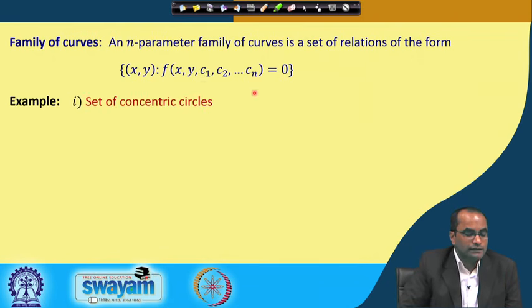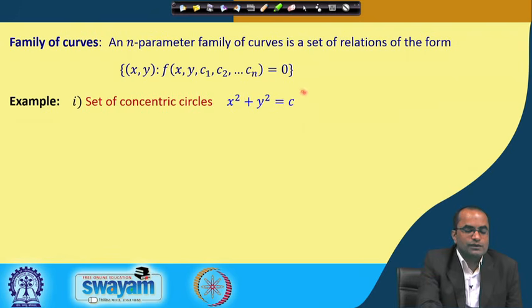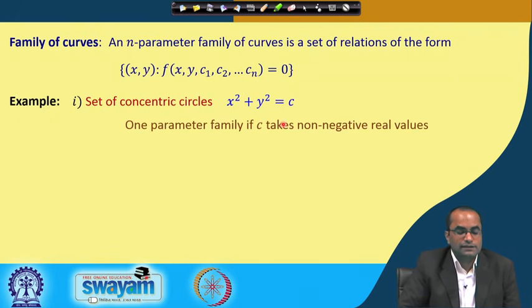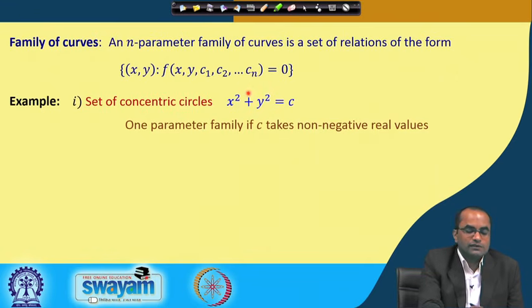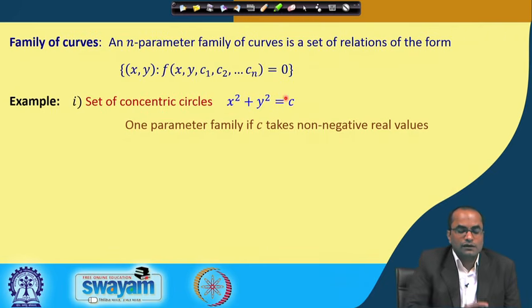For different values of these c's we have a different curve. For the examples, first take the set of concentric circles, that means x square plus y square is equal to c, where c is a parameter. So, it is a one parameter family, and c takes non-negative real numbers, because x square plus y square has to be non-negative.